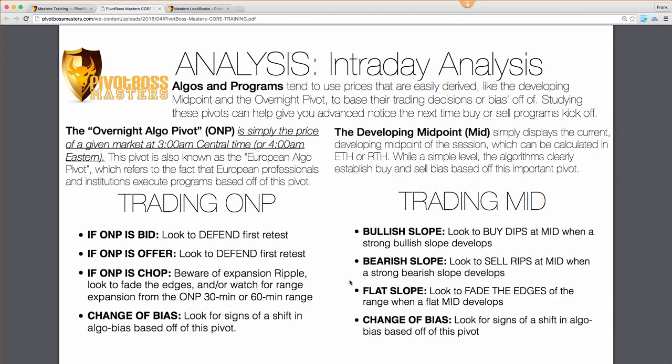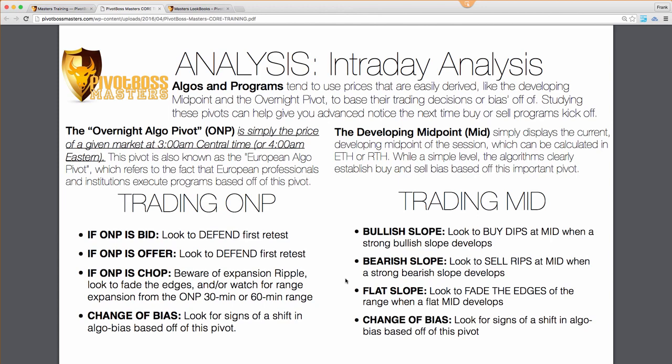So lastly, if you're looking to trade the mid, it's the bullish slope, bearish slope, flat slope, and change of bias. And that's the same thing that we looked at with regards to VWAP. With VWAP, if it's sloping to the upside, look to defend it on counter trend rotations. That's the same thing with the mid.